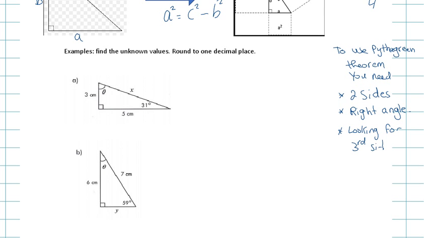So you're given 2 sides, it's a right angle, you're looking for the third side. Are we okay with this?